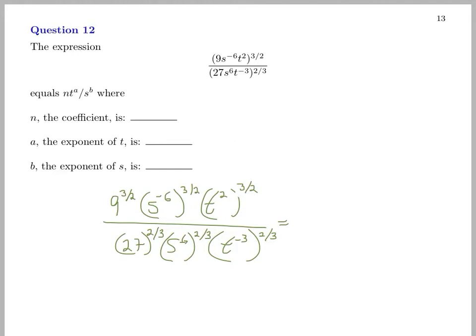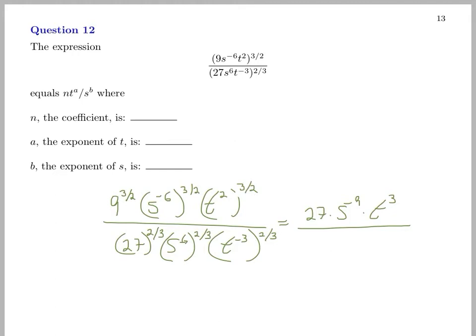So 9 to the 3 halves, well, that's the square root of 9, which is 3, cubed, which is 27. And then for s, we multiply the exponents, so minus 6 times 3 halves is minus 9. And we multiply the exponents for t, so 2 times 3 halves is 3.